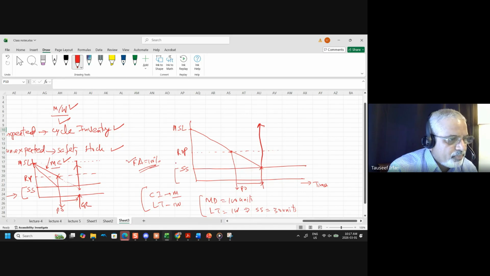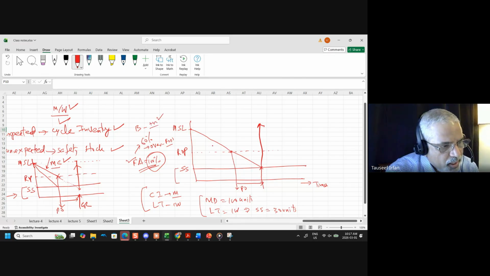Even if it is not 100% and you have, let's say, 60% forecast accuracy, but you have over forecasted, the bias is positive. Over forecast, the bias is positive. So what will happen if the bias is positive? It means that you have done something like that.